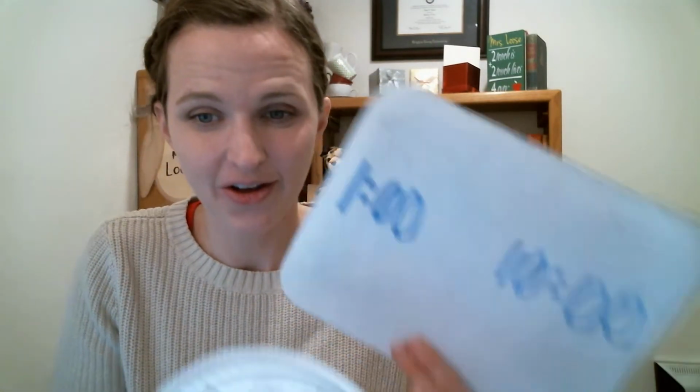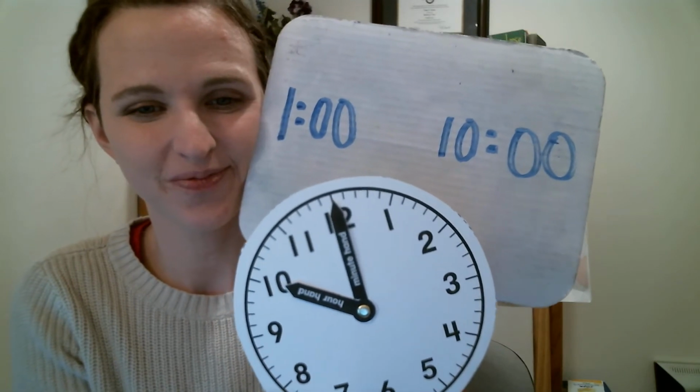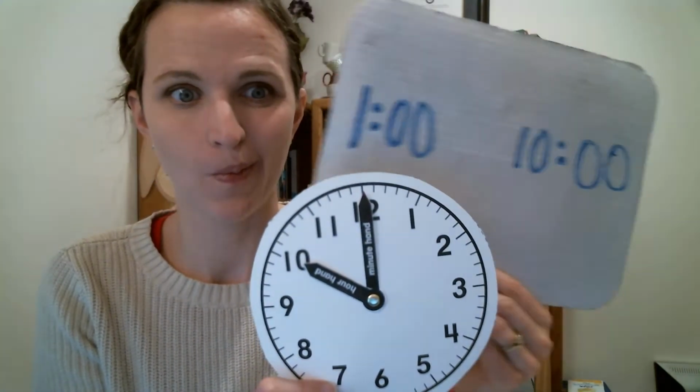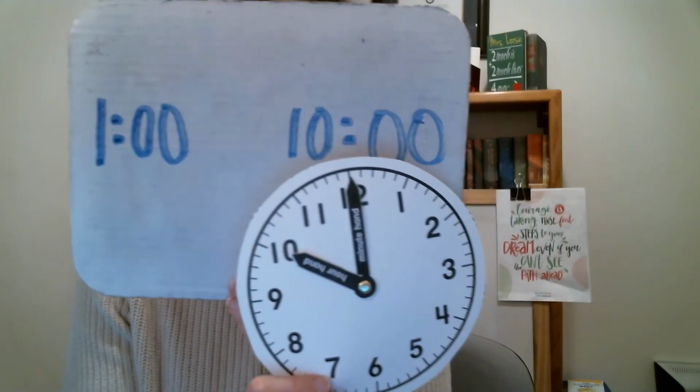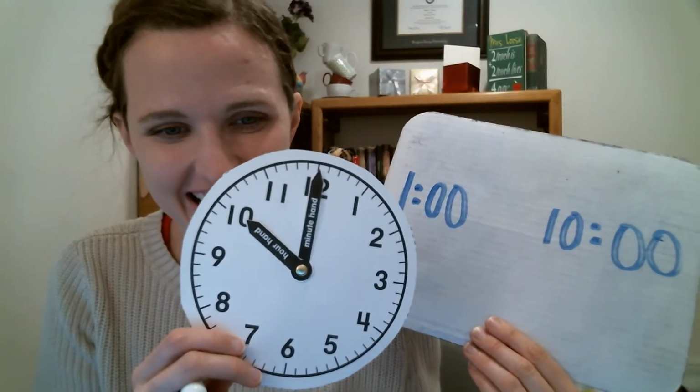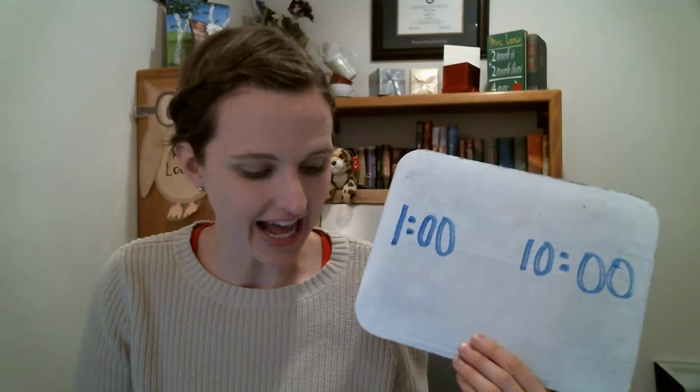All right. What does this show? Ding, ding, ding. 10 o'clock. This shows 10 o'clock. My hour hand is pointing at 10. All right, last one of these before we learn our next part.